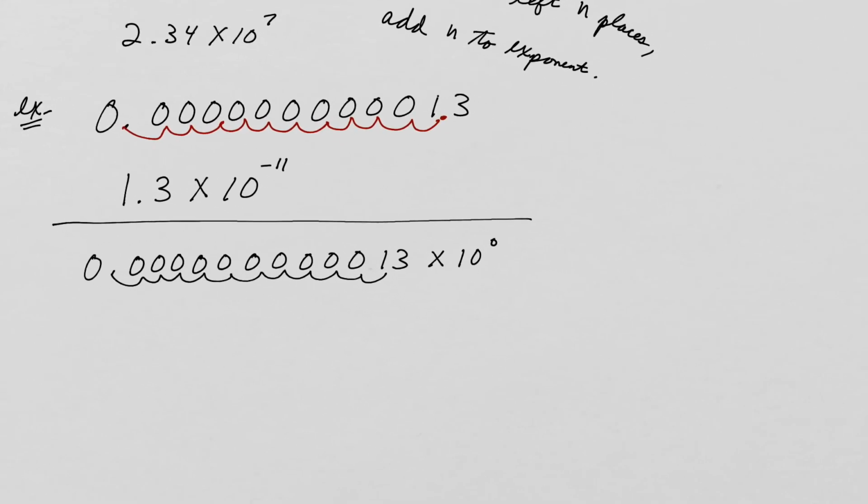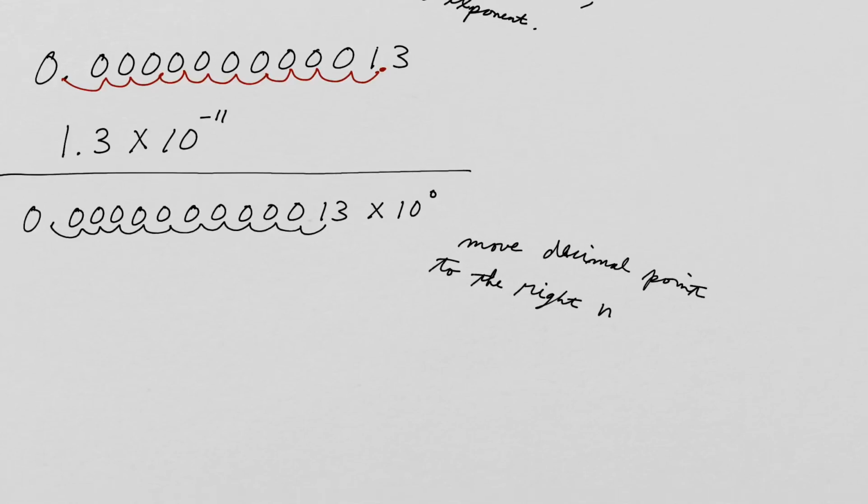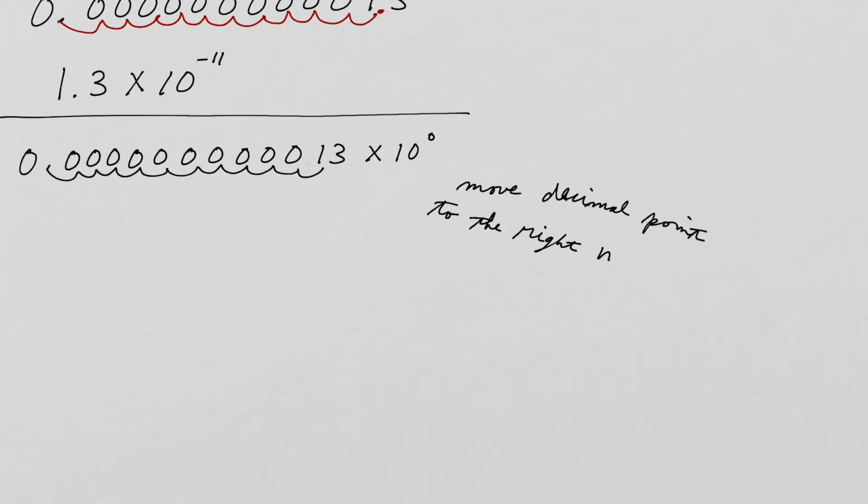So I'll write the rule here. If I move the decimal point to the right n places, then I subtract n from the exponent.